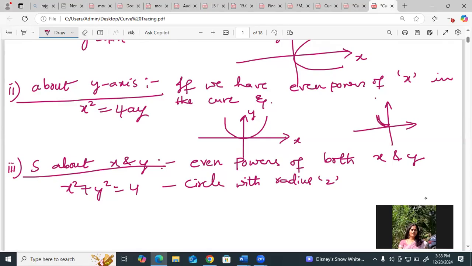About y-axis, it is symmetric. If I fold like a paper about y-axis, the folded version sits exactly on the other half. When one half is folded about the axis about which it is symmetric, it sits exactly on the other half. That's what exactly is symmetry.